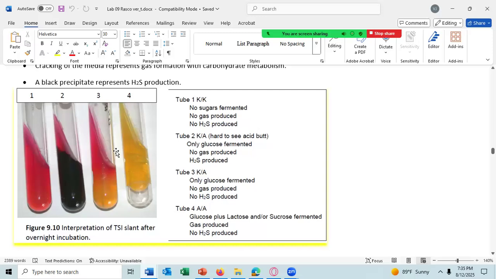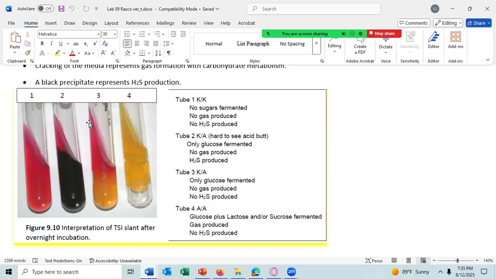If only the slant were to be red and the butt were to be yellow, we know that only glucose is being fermented, because if we had looked at this earlier, the slant would have been yellow.